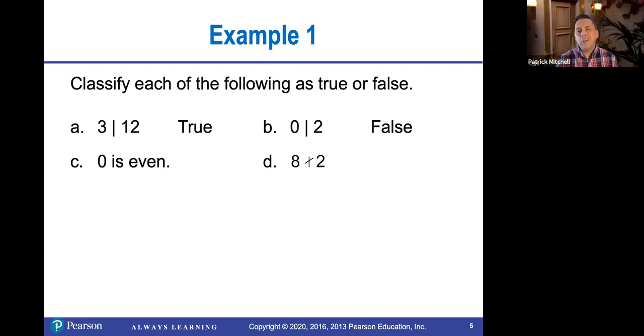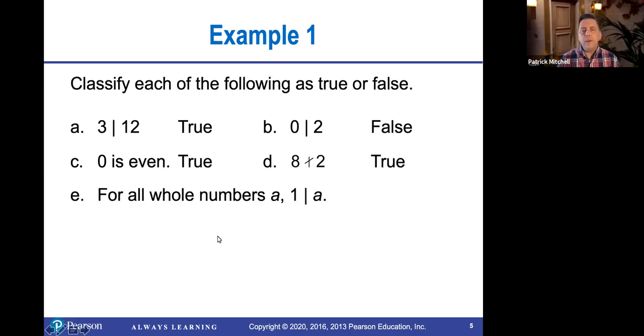So if 8 were to divide 2, that means there would be a whole number that makes 2 equal to 8 times Q. Well, there is a number like that, but it's a fraction. It's not a whole number. So the statement 8 divides 2 is false, which means 8 does not divide 2 is true. So these two statements are both true.